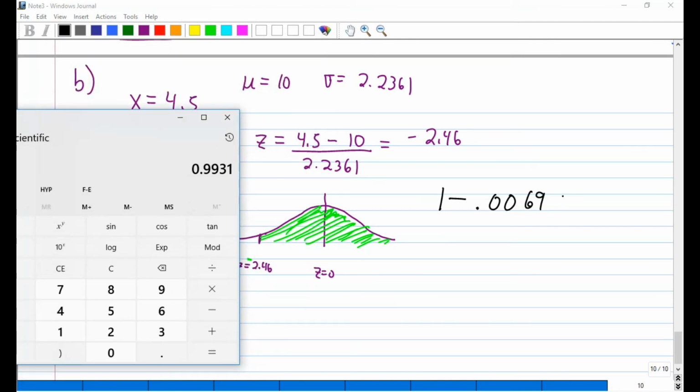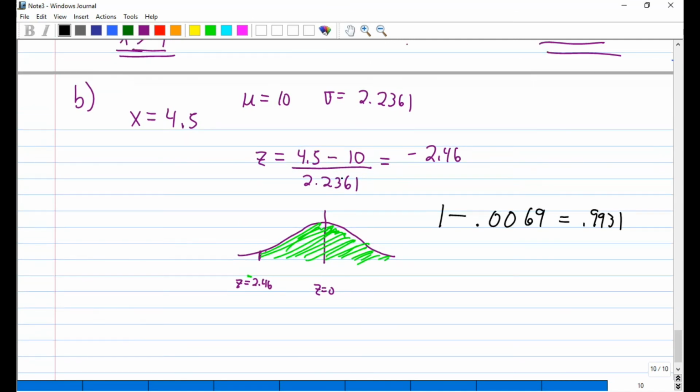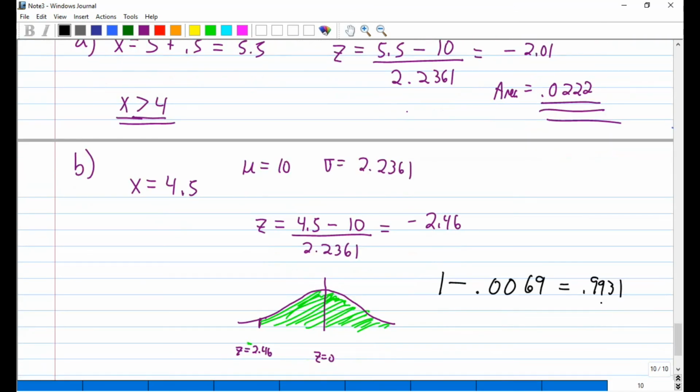All right, so that's 0.9931. And that area corresponds to a probability. So what's the probability that x is greater than 4? 0.9931.